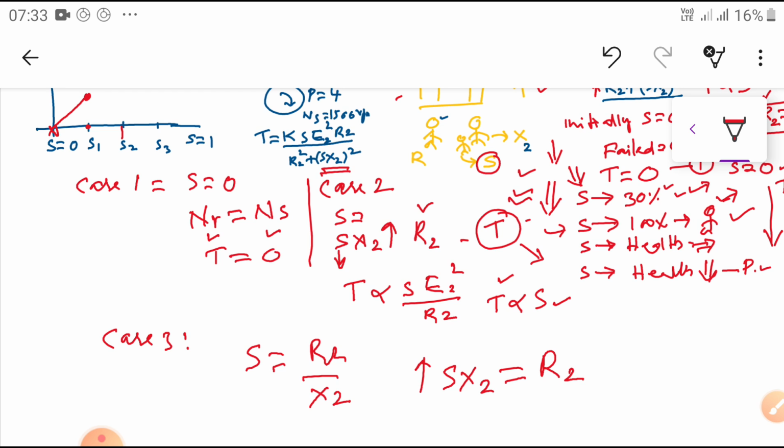When the slip times X2 equals the R2 value, at that condition we get the maximum torque, T max.